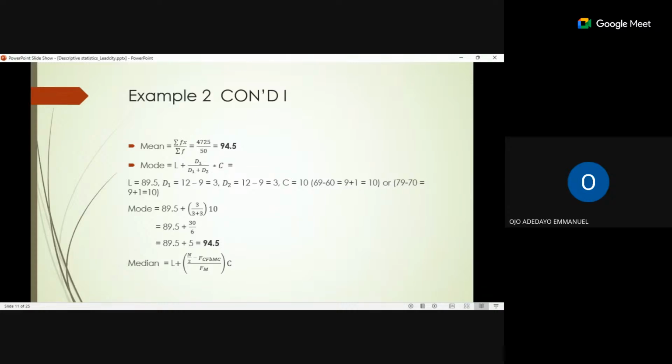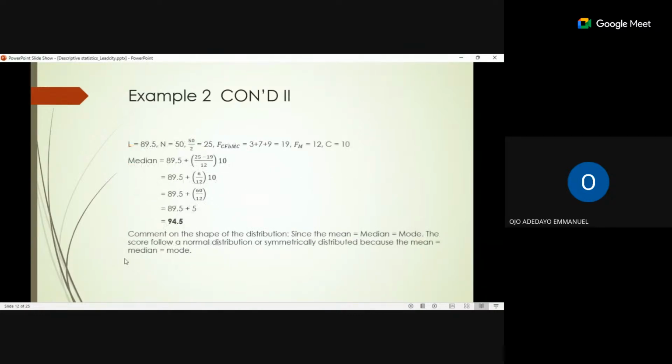The mean of your values is equal to the mode, is equal to the median. That means that the data is normally distributed. So that is the comment that I have here. Comment on the shape of the distribution. Since the mean is equal to the median, is equal to the mode, the scores follow a normal distribution or are symmetrically distributed. So that is how you normally interpret this.